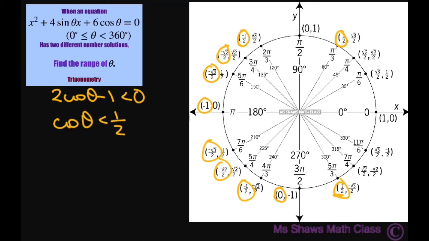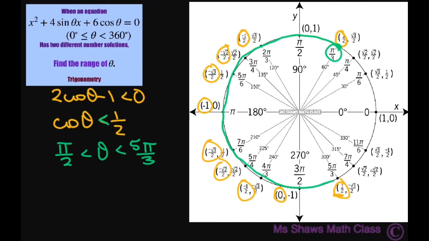So we're going to write it as pi divided by 3 is less than theta. It can't equal it, right? It's just less than 5 pi divided by 3. Again, you could use a graph if you wanted to, or you can use the unit circle. So this would be open intervals here.